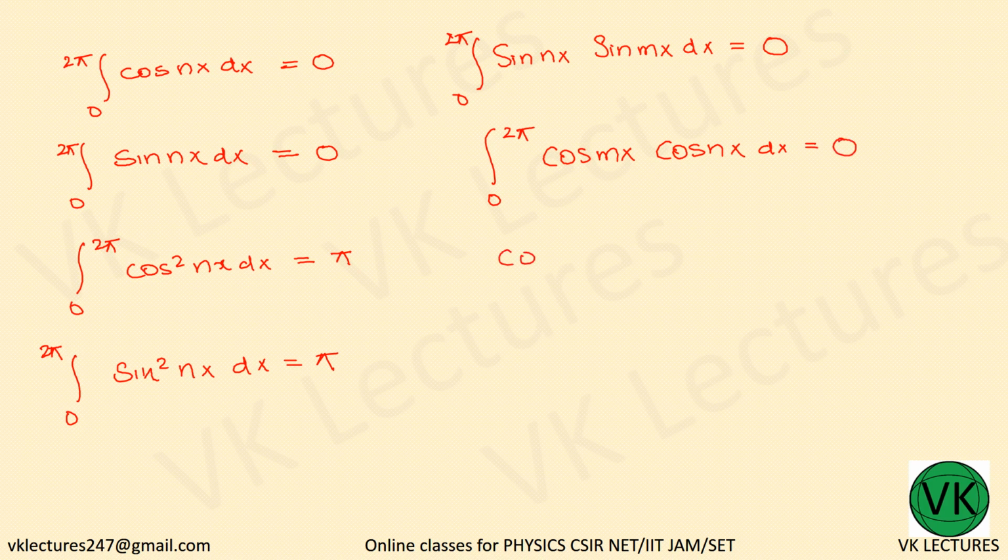Cos n pi is equal to minus 1 whole to the power n, and sin n pi is 0.